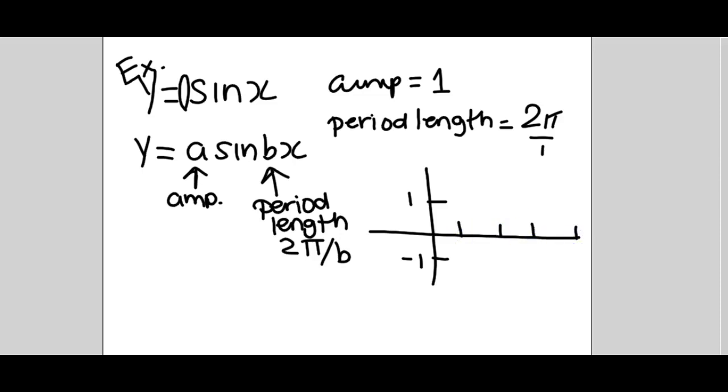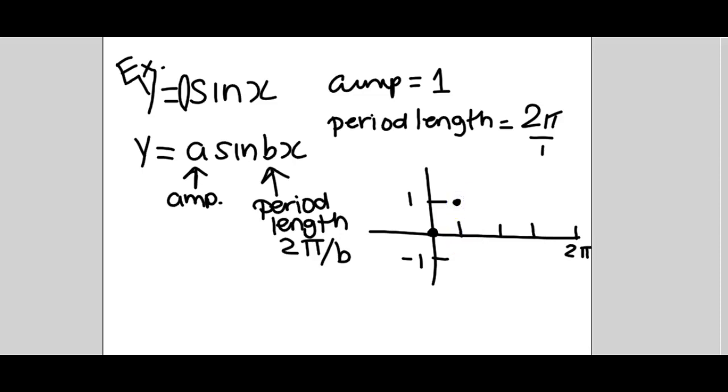Okay, so we said that our period length is 2 pi, so that's where our picture is going to end, because we'll draw one cycle and then it could make another cycle and another, keep going like a heart monitor, but we'll just draw one. For sine graphs you always start at the origin and you put a dot. At your next mark you're going to be up at your amplitude.